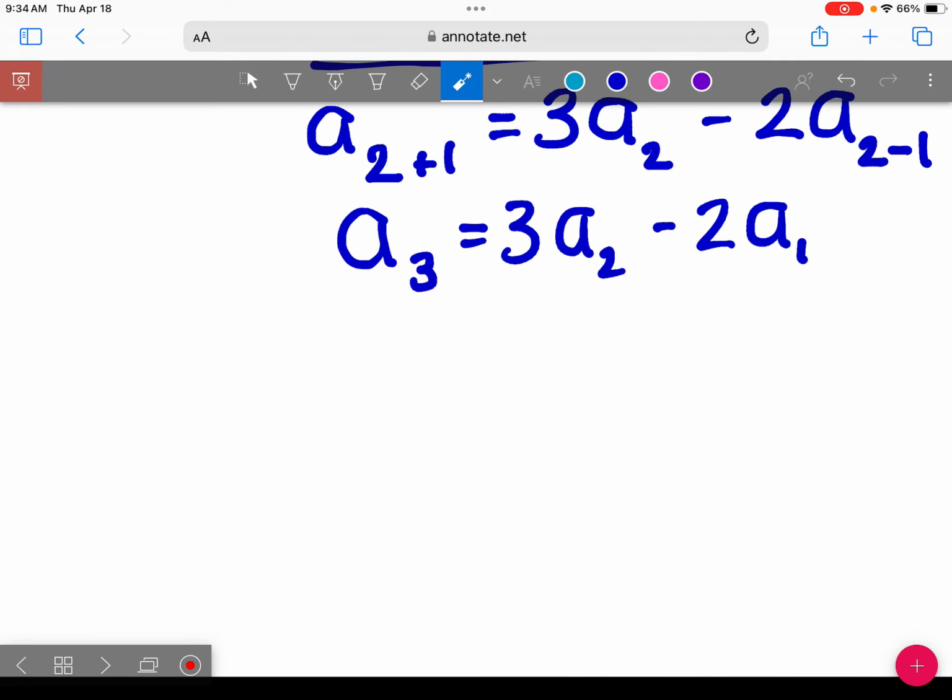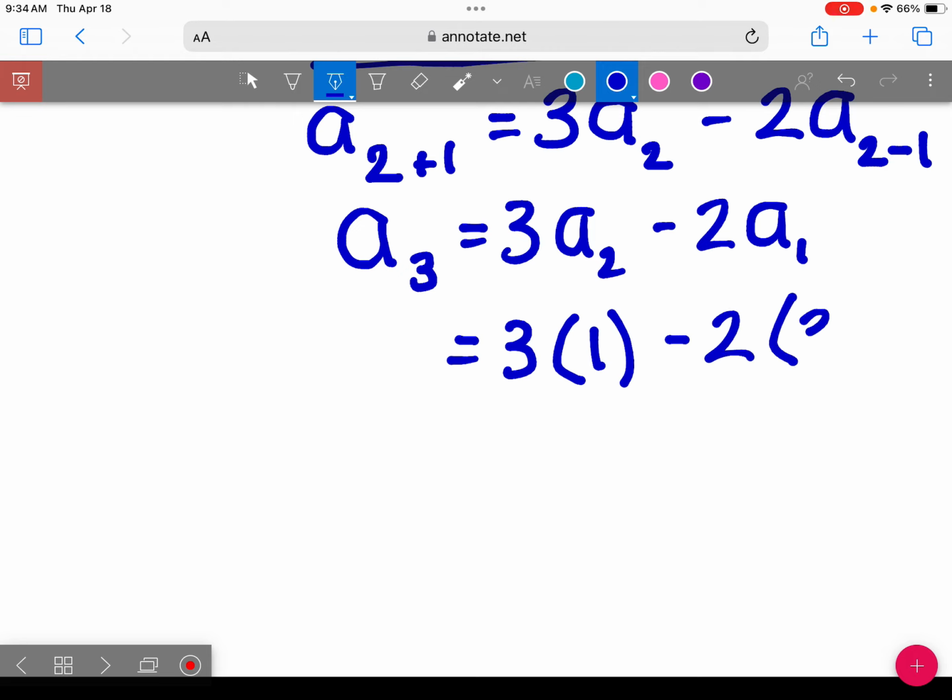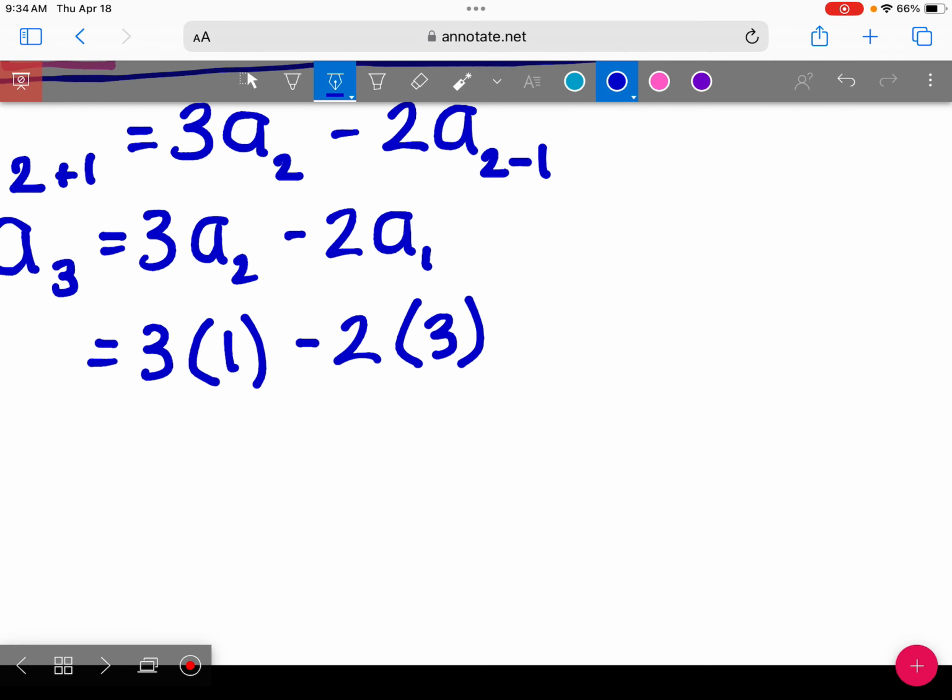So we can start with a sub 3. We're going to get a sub 3 by doing 3 times a sub 2, which is 1, minus 2 times a sub 1, which is 3. What are we going to get as our value for a sub 3?